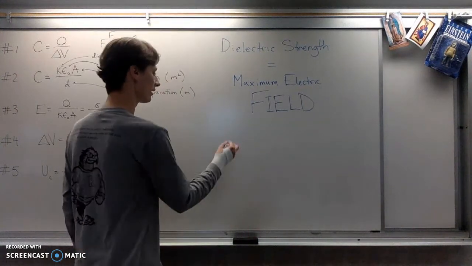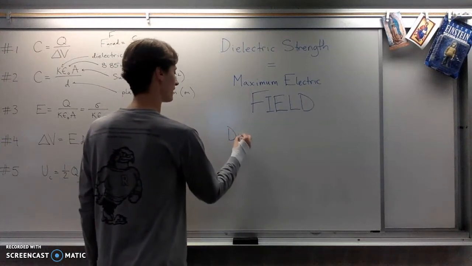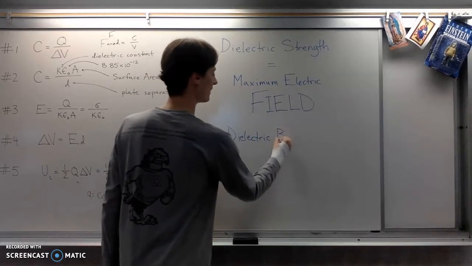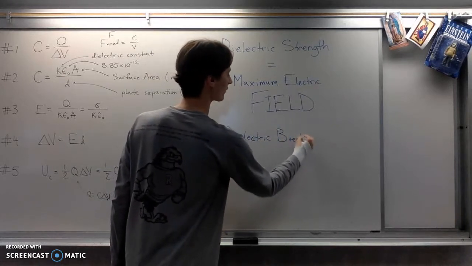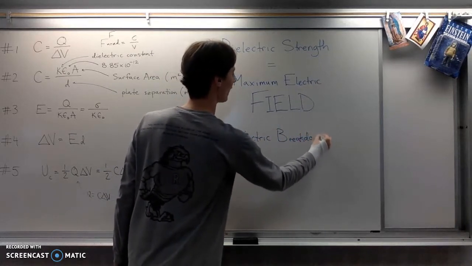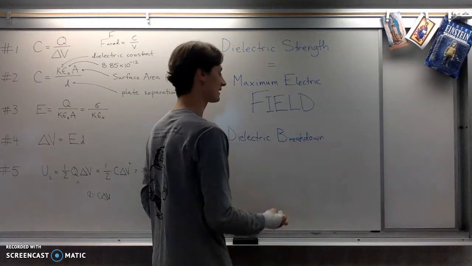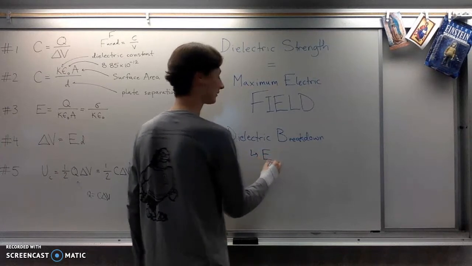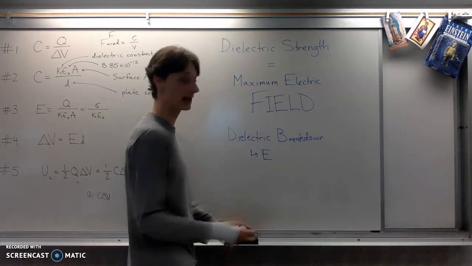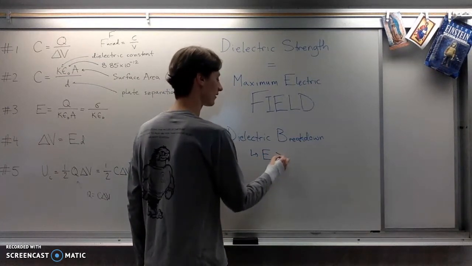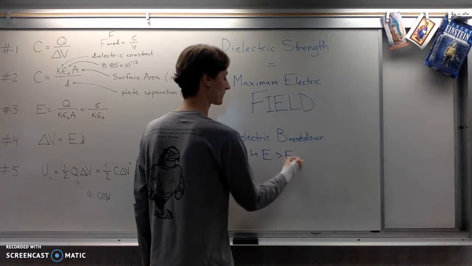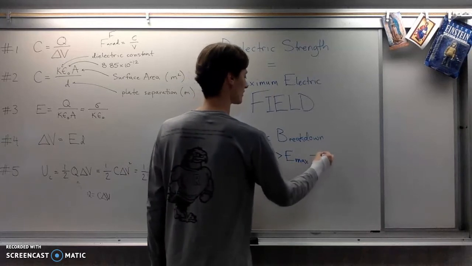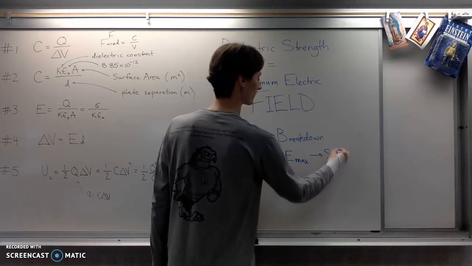So if we're talking about, let me write that phrase, dielectric breakdown, what that's going to relate to is basically lightning on whatever kind of a scale you might happen to have. Dielectric breakdown is where the electric field that is present at a surface is momentarily greater than the maximum electric field, and the result is sparks.